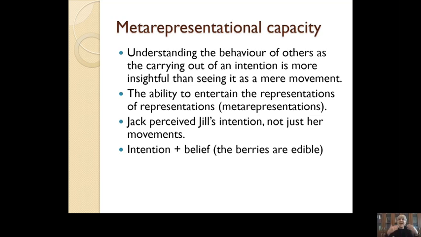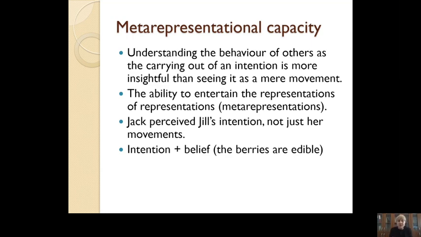So the attribution of intention, this is metarepresentational capacity, attribution of desire, attribution of belief. Now, the next point is phrased in a very academic way, so I don't want you to get discouraged, but we'll just read it out. The ability to entertain representations of representations. So this is metarepresentational capacity.